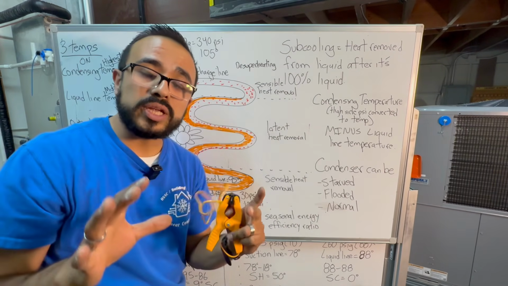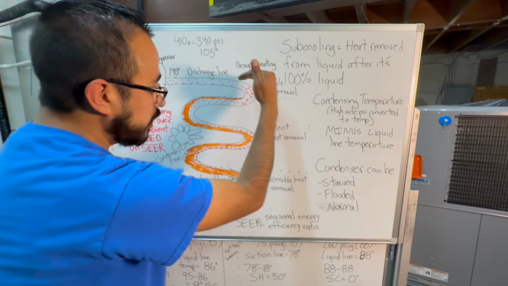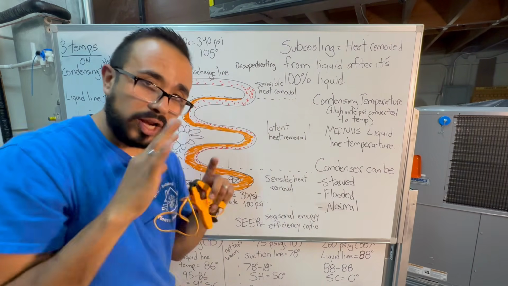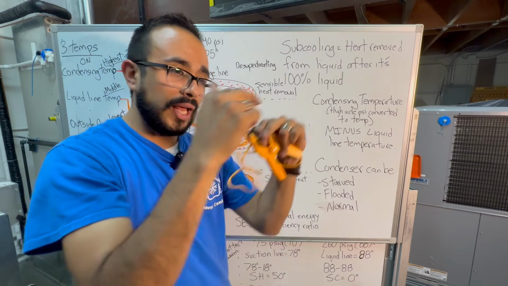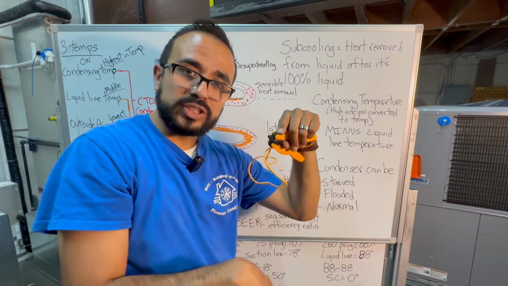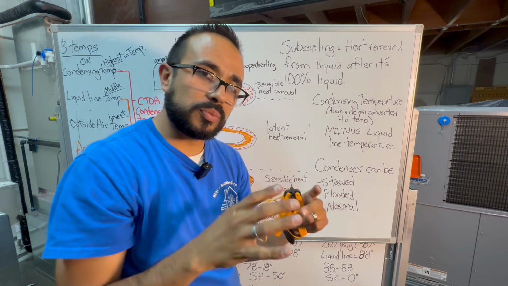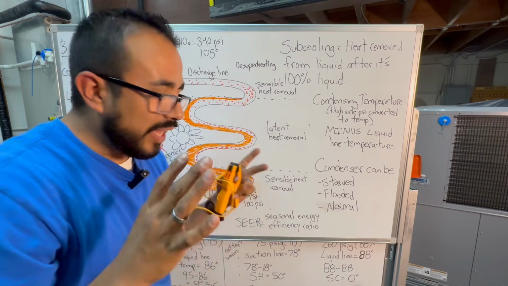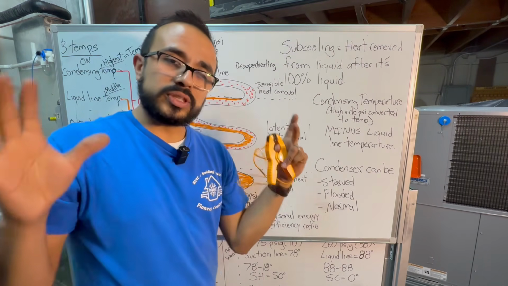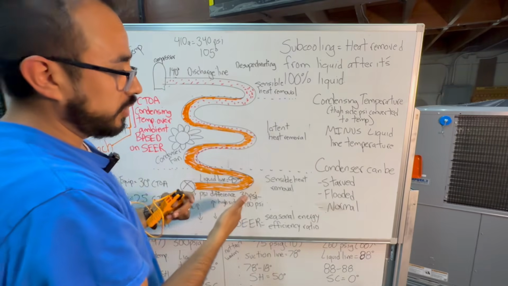We have a subcooling of 10 degrees. That means that not only did it completely change to liquid, I still dropped that liquid 10 degrees lower, below its saturation point. That's why it's heat removed from liquid after it's 100% liquid. So that's simply subcooling. Subcooling tells us that we have liquid going to the metering device.